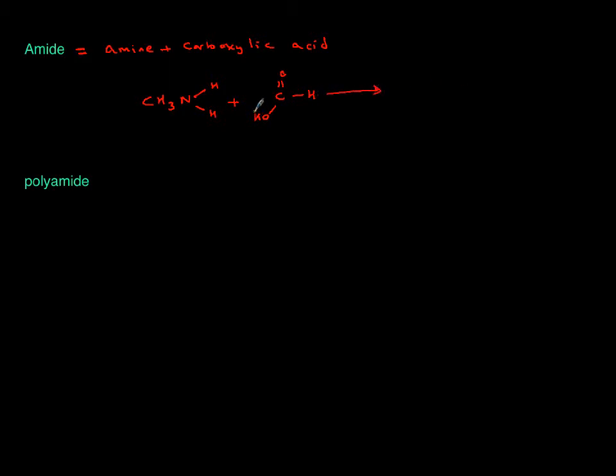Then again, the hydroxyl of the acid and the H of the amine come out, and the remainder of the molecule looks like CH3NH, C double bond O, H, plus loss of H2O. Now this segment here is a new functional group being formed, and that's your amide linkage.